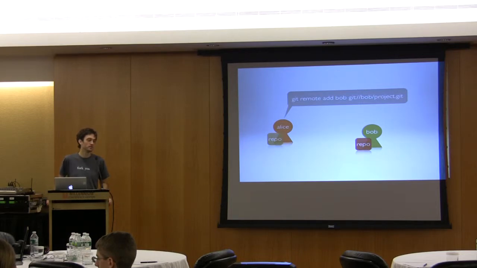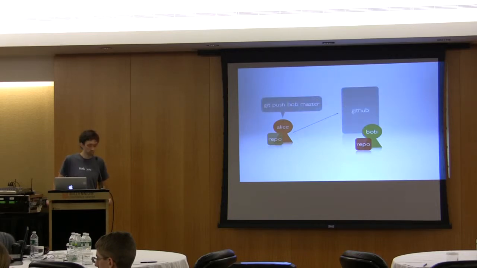So your local repository remembers that there are other repositories in the wild internet where you can push to. You will use the git remote command, and then you can just pull from this repository, for example Bob, and a branch, and you can push to somewhere else whenever you want.